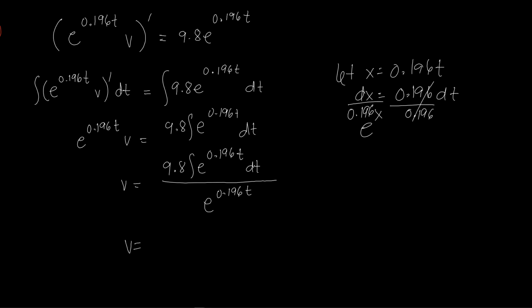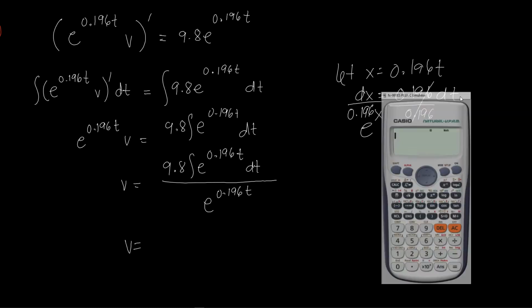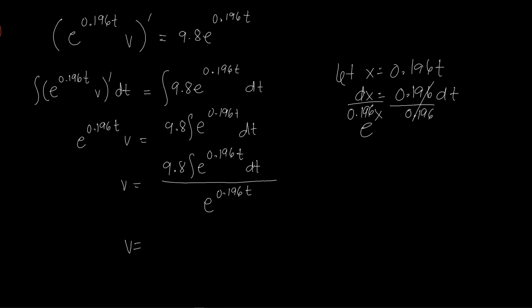So v is equal to 9.8 divided by 0.196, which is 50.